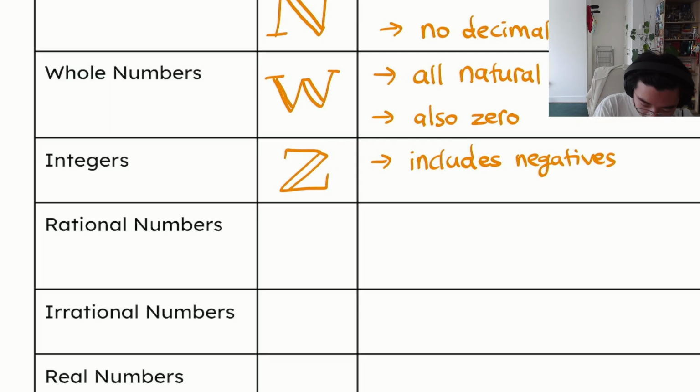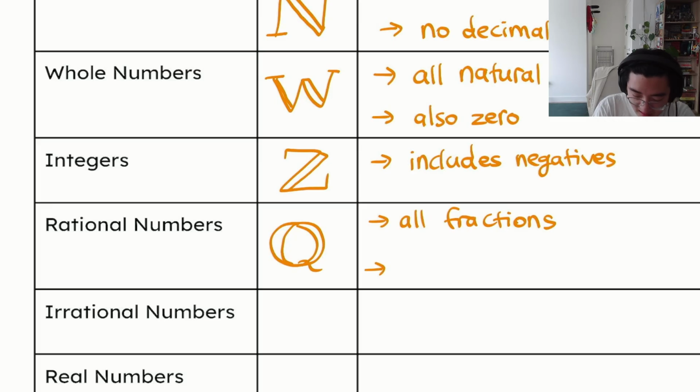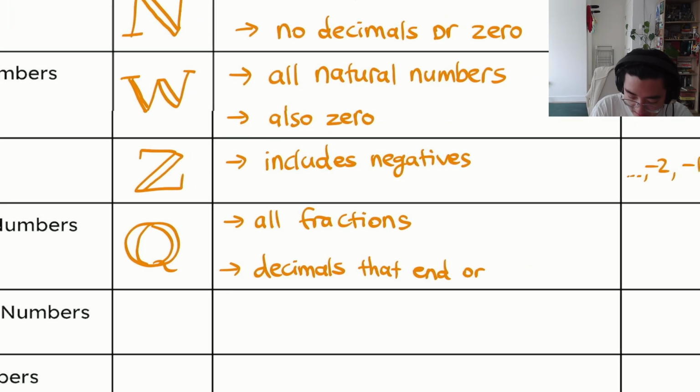Rational numbers. Of course, instead of using R, we use Q, because why wouldn't you? Rational numbers are all the fractions, which means that because they are fractions, we also have decimals that end or repeat. That's an important keyword here.